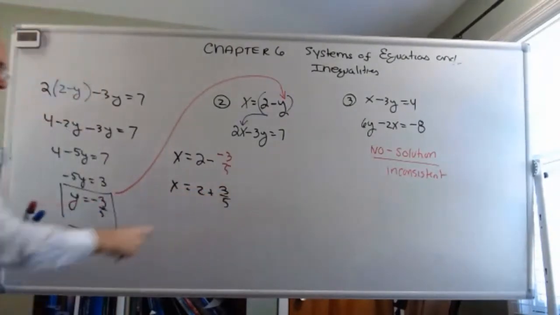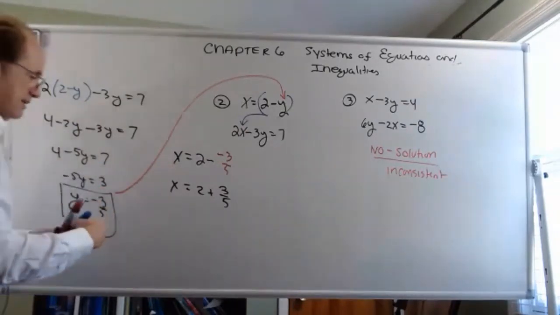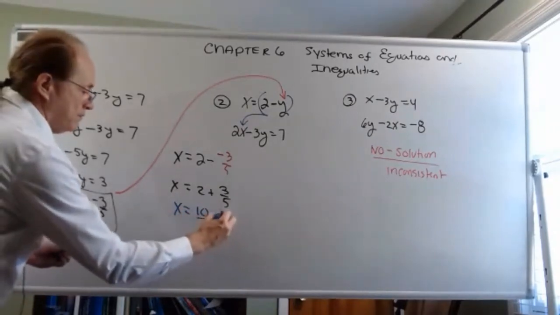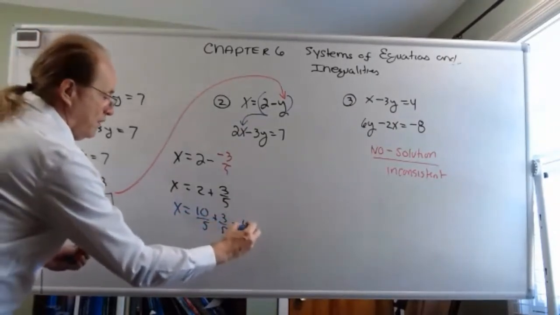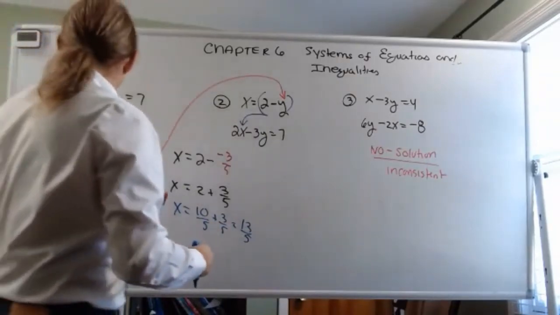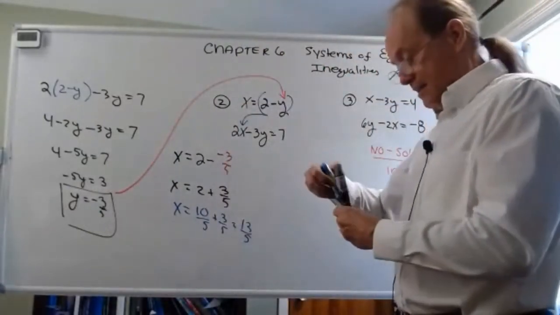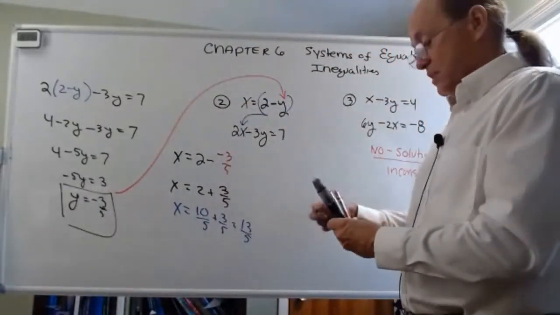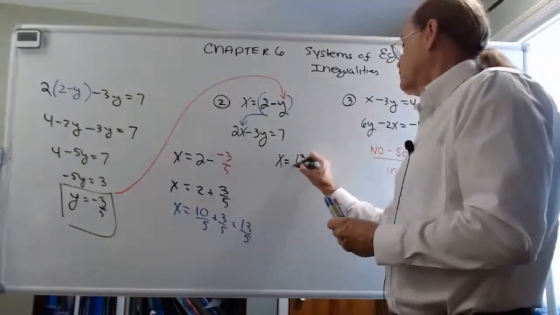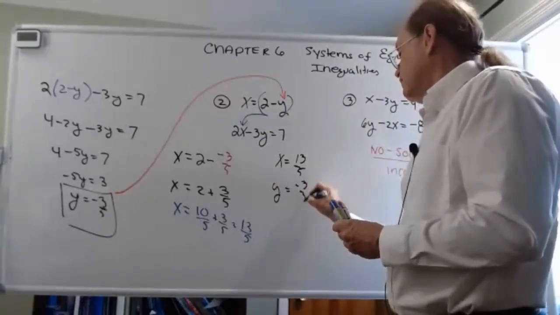So I'm subtracting a negative. 2 is equal to 10/5. So I can rewrite this as x is equal to 10/5 plus 3/5, or 13/5. I had a 4 instead of a 3 there. That's my mistake. So my solutions: x is equal to 13/5 and y is negative 3/5.